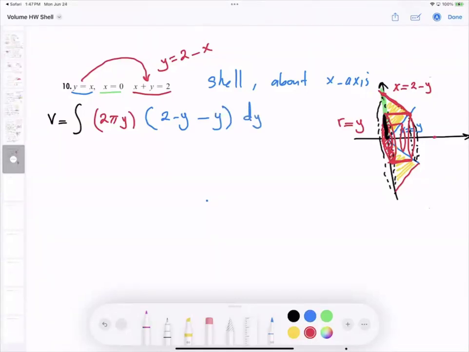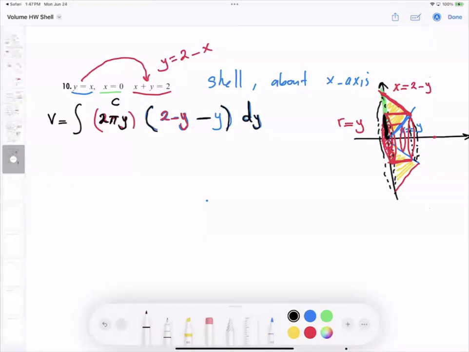So our focus is on this graph first, then we move on to the second graph here. Maybe you can use the same color to avoid any confusion: 2 pi y, which is basically the circumference, and then you have 2 minus y, minus y, and then you take the integral with respect to y.